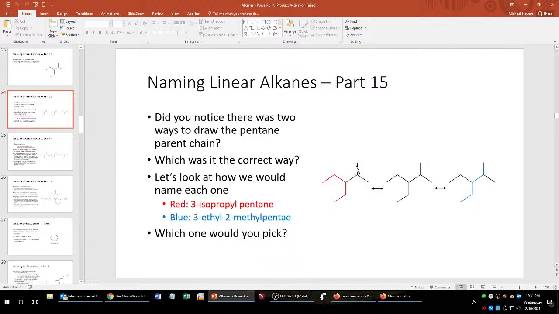It's just considered a more complicated group. Something like sec-butyl, tert-butyl, all those are considered more complicated because they are branches that have their own branches. Whereas if we draw this linear chain of 5, we end up with a methyl and ethyl. Now, that does make our name longer, but it makes the actual branches themselves a lot easier to describe.